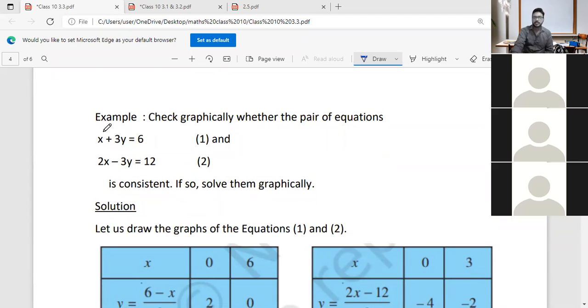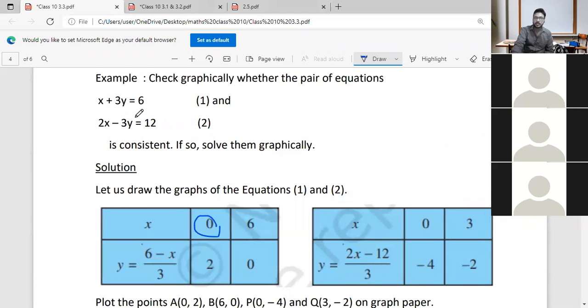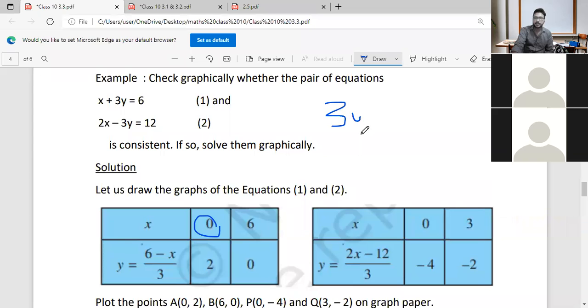We are calling the first equation x plus 3y is equal to 6, and we are making a table. You all know how to make the table, right? First x, and instead of y, we are writing y in terms of x. We put the value of x to be 0. When x becomes 0, 3y is equal to 6 and y is equal to 2.